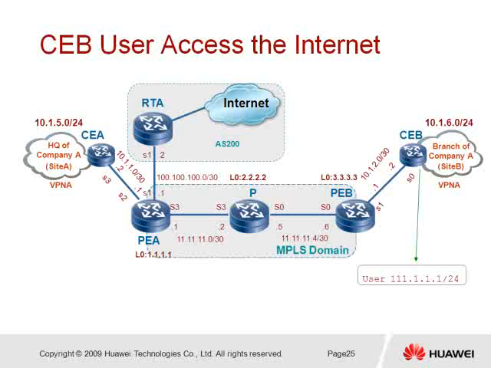Supposing that the user of CEB, whose address is 111.1.1.1, needs to access the Internet. If the user uses a private IP address, it is similar to the example we have mentioned, to configure NAT.